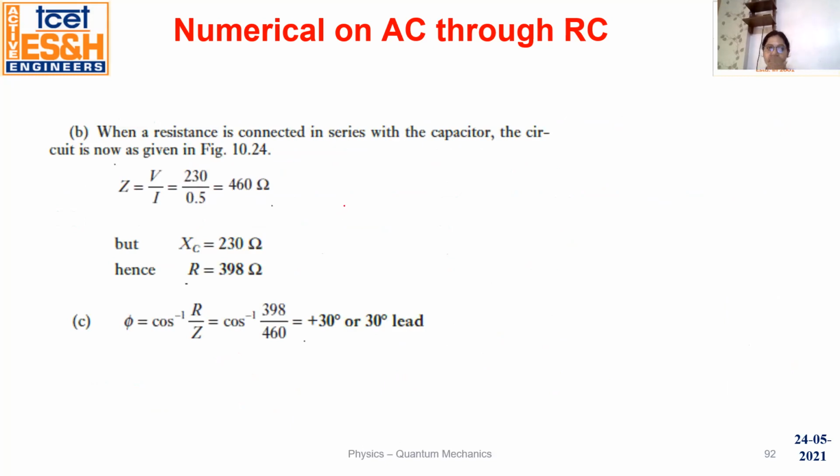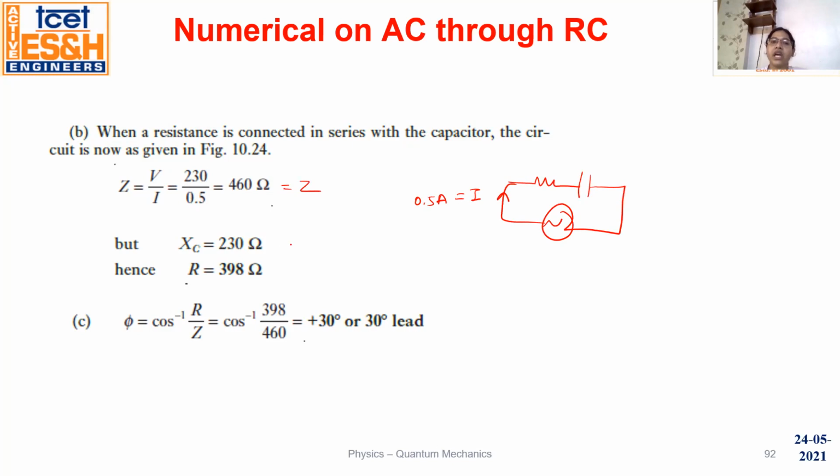Now the second case is, what is the value of resistance in series with the capacitor so that the circuit will take 0.5 ampere current? So here the current value of 0.5 ampere is given. So 230 divided by 0.5 is equal to 460 ohm.